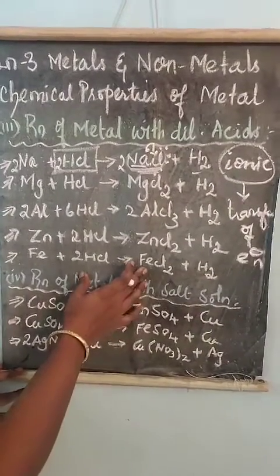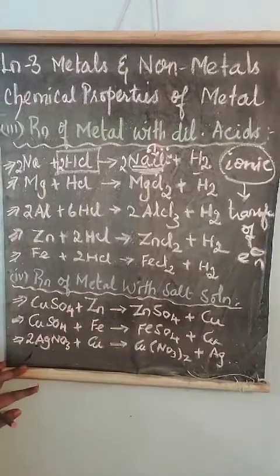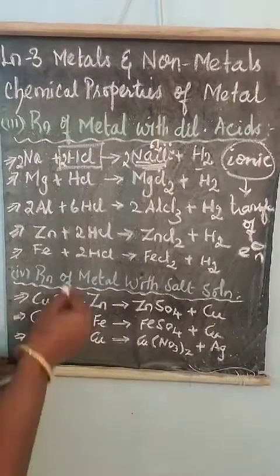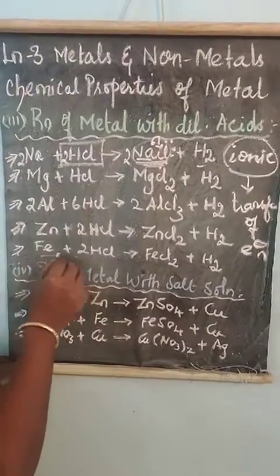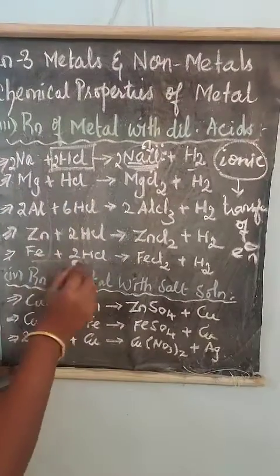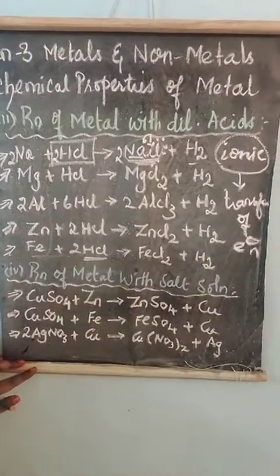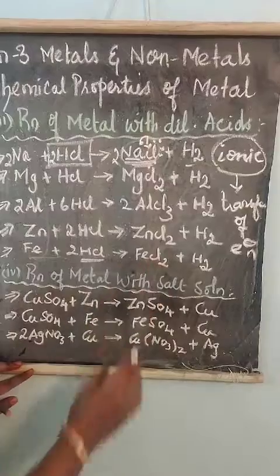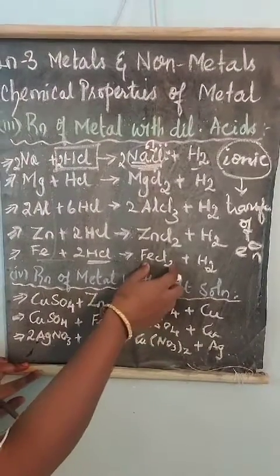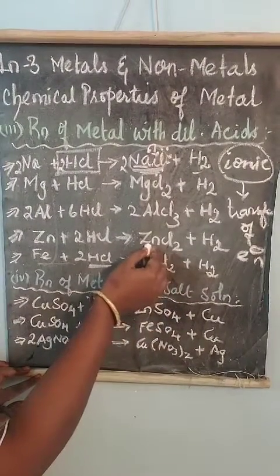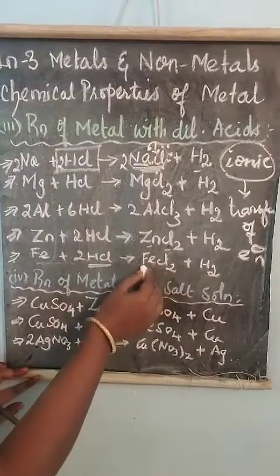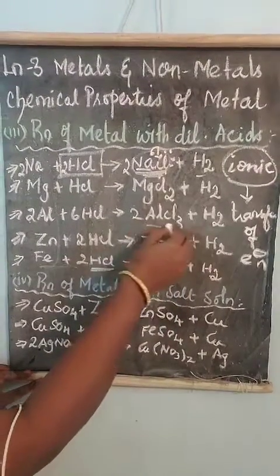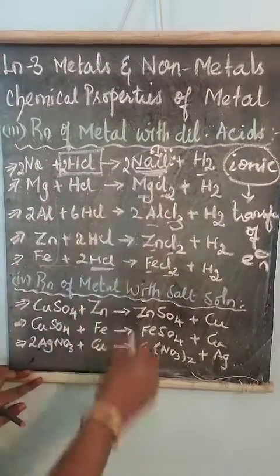So this is the reaction of metal with hydrochloric acid. Here, children, you can see I wrote the reaction of various metals with hydrochloric acid. The salt I obtained is again the chloride salt: metal plus chloride, metal plus chloride, and so on.